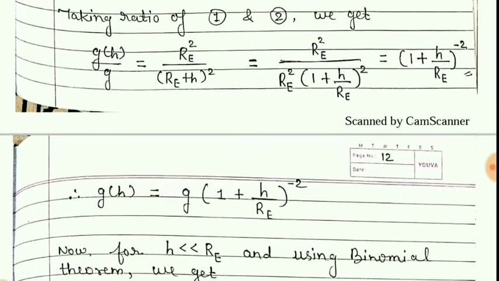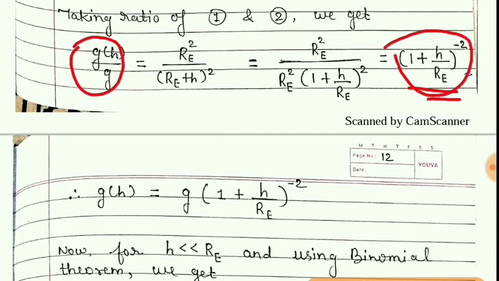Now students, we obtained gh upon g is equal to 1 plus h upon Re raised to minus 2. Now just make gh the subject, because we want the formula for acceleration due to gravity at height h.